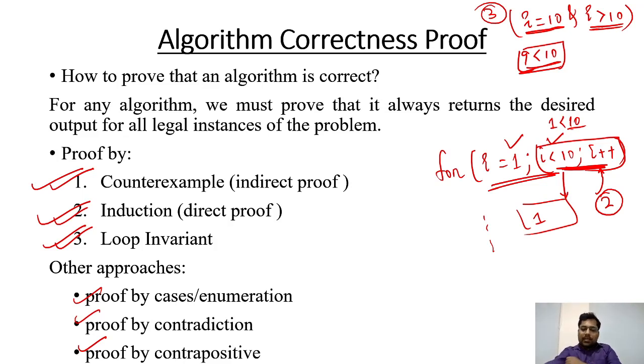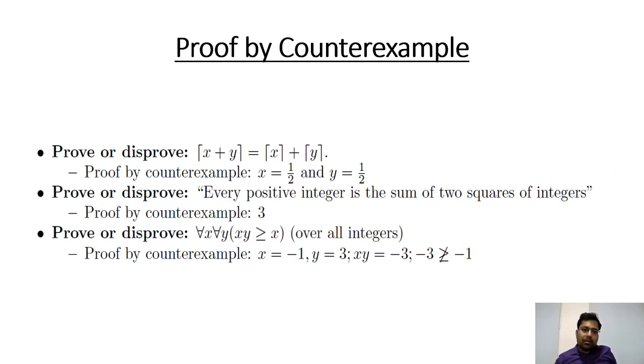Next is counter example, which is said as indirect proof, and induction, which is mathematical induction, is direct proof. So counter example, everyone, when you are quarreling with a person, okay, with an example I'm telling you, whenever you are quarreling, that time nobody on earth is saying this is my fault.